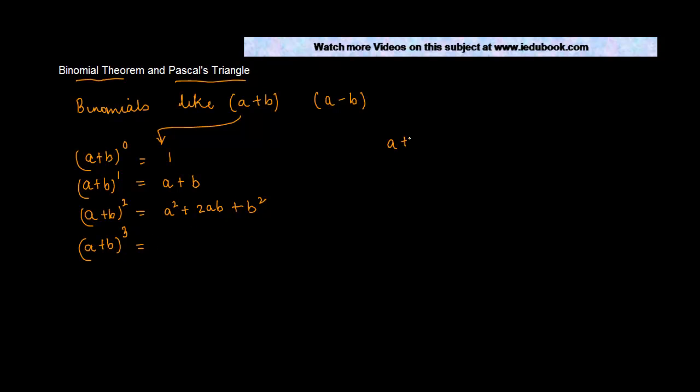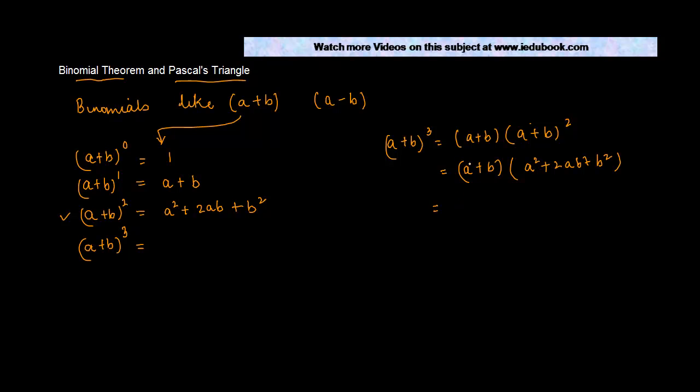A plus b to the power 3 can be written as a plus b into a plus b whole square, right? But we already know this value, so we can write it as a plus b into a square plus 2ab plus b square.